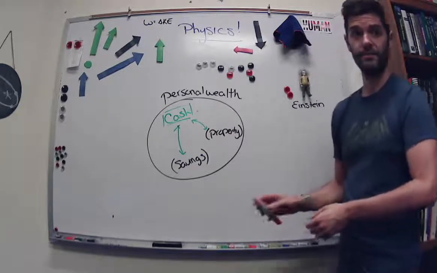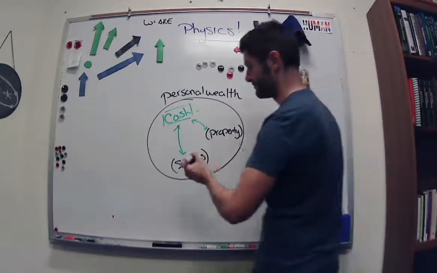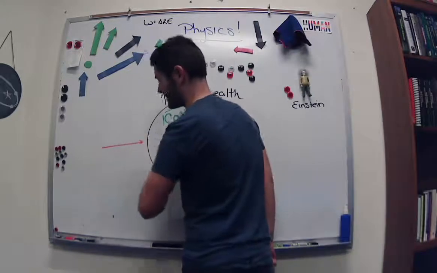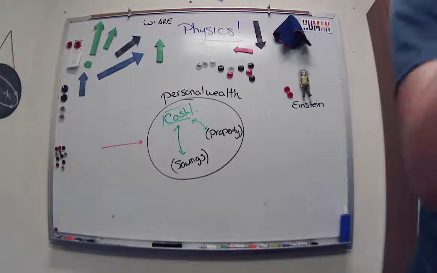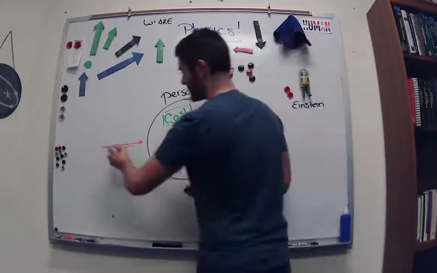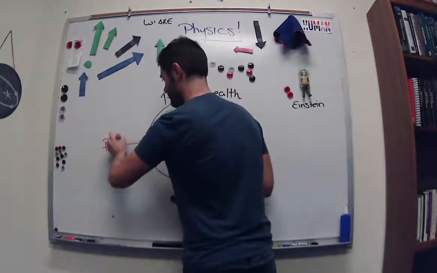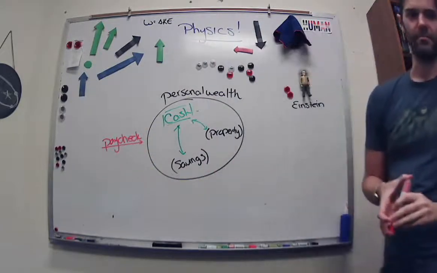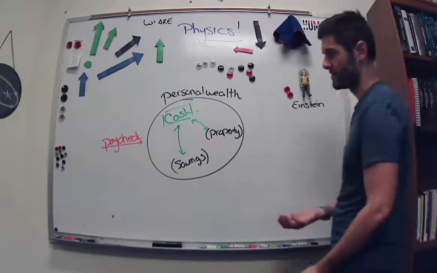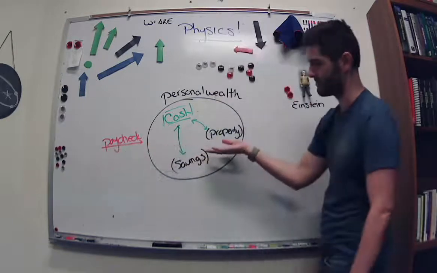But it could change, right? Money could come into the system if, for example, you had a job, maybe you get a paycheck. That would be a way for your personal wealth to increase. Stuff comes into your system of personal wealth.